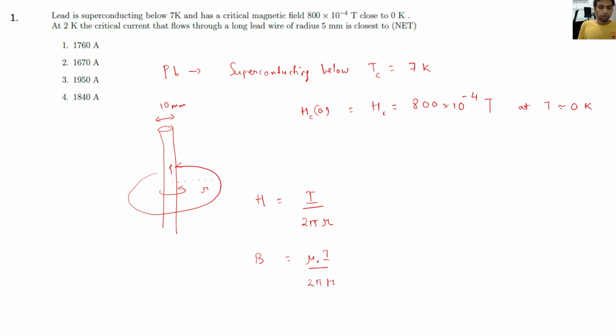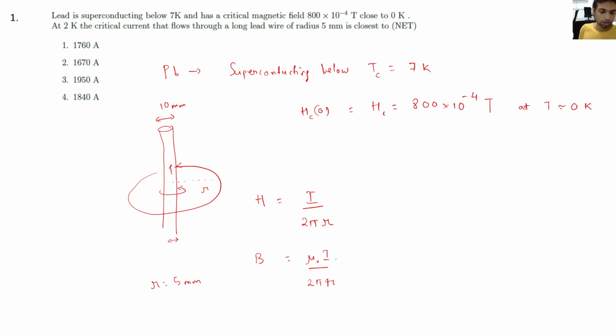Okay. So at 2 Kelvin, this will be the current that will pass if a magnetic field of B is there. The radius r we know, so for r we have to put the radius of the lead wire, 5 millimeter.